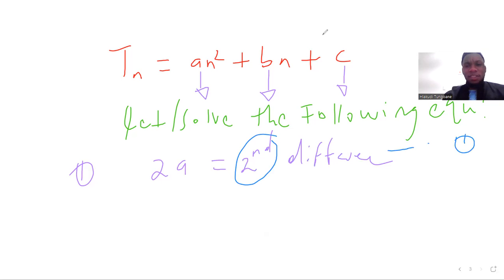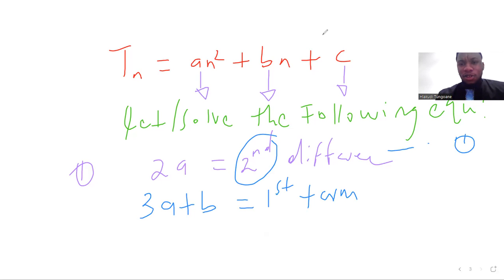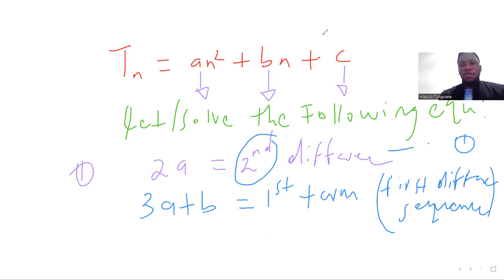And then equation number 2 is going to be 3a plus b must equal the first term in your first difference sequence. Okay, don't worry too much if you are getting confused.